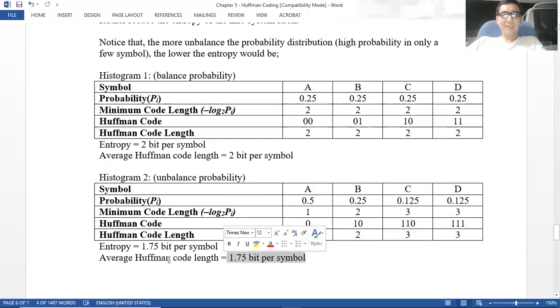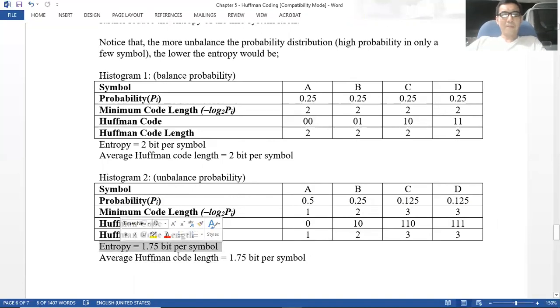So you can see that Huffman code, although it is designed to take advantage of that, can never go below the entropy. So if you want shorter codes, you have to code according to the unbalanced probability distribution.